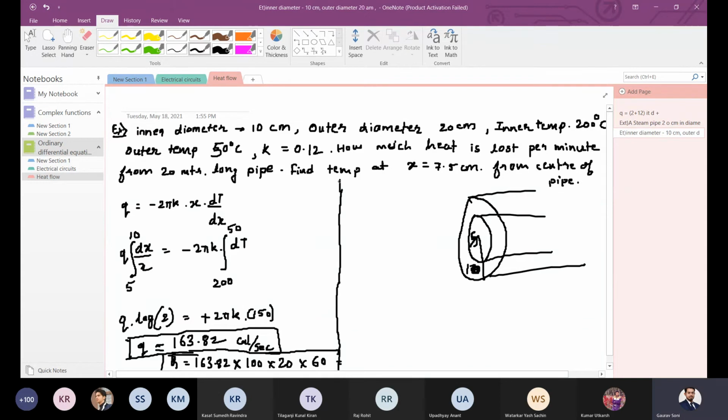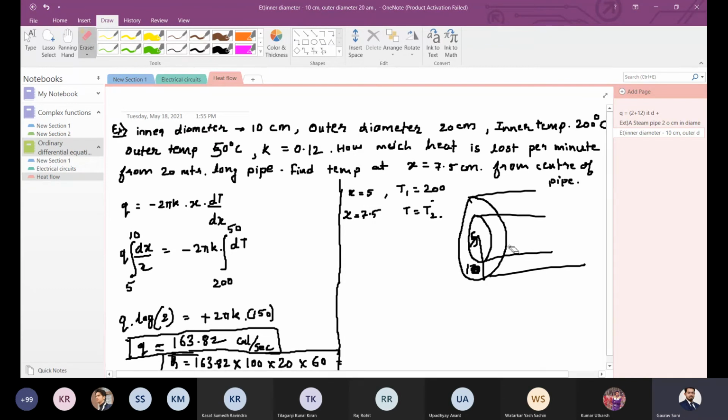Exactly. So the change we are going to make here: x is equal to 5, what is the temperature? T1 is 200. When x is equal to 7.5, say T is equal to T2. This is the T2 that we need to find.